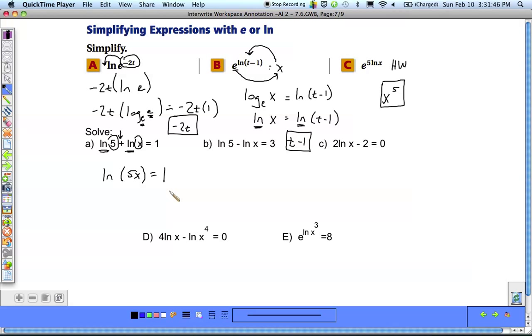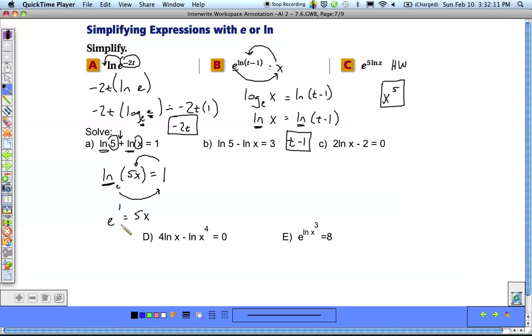We have a single logarithm now, or single natural log. We can't simplify this anymore, so once we get it down as much as we can in the form that it's in, we want to change this to exponential. What's our hidden base that we see? It's not 10 this time, because it's a natural log. The hidden base that we have is e. So we can rewrite this to be e raised to the first power equals 5x, which is really just e.